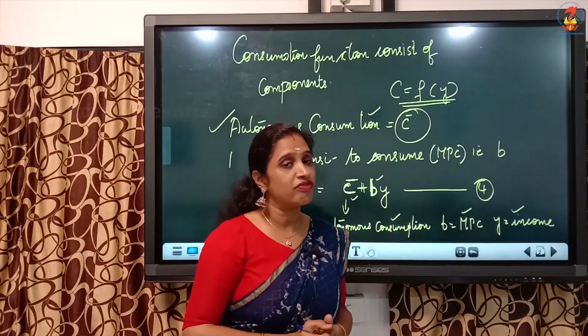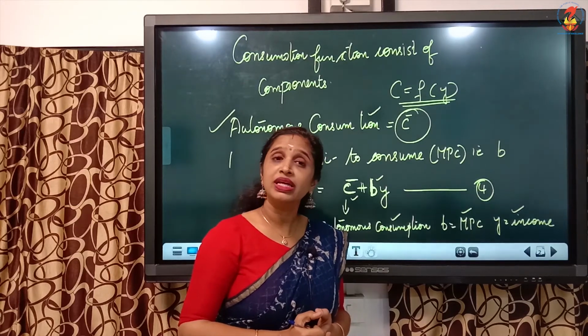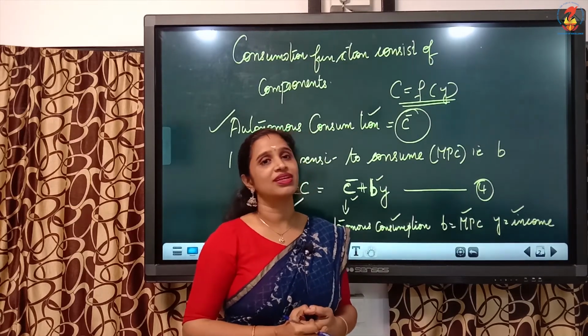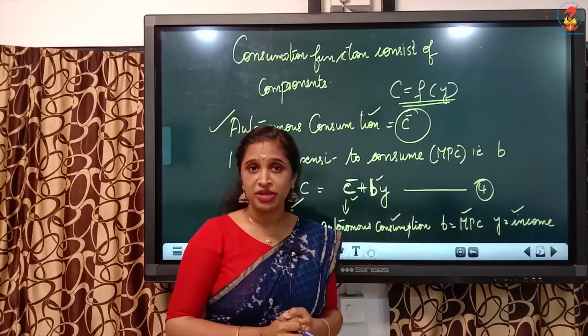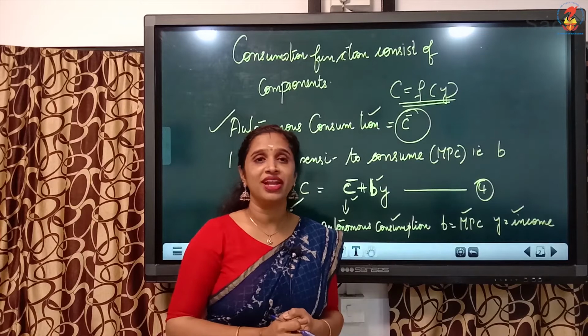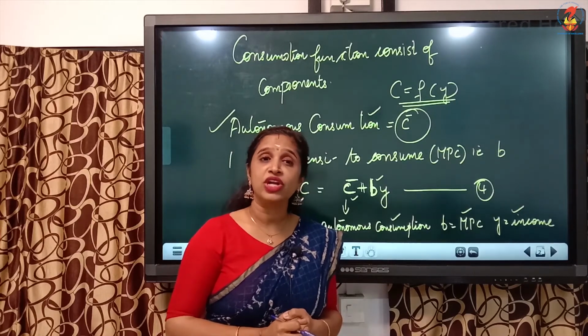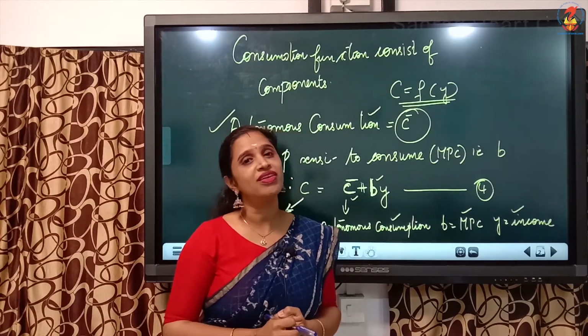Another aspect that you have learned is that when income increases, consumption also increases, but less than the increase in income. Why? Because after a particular level, people in the economy will try to save a part of their income.